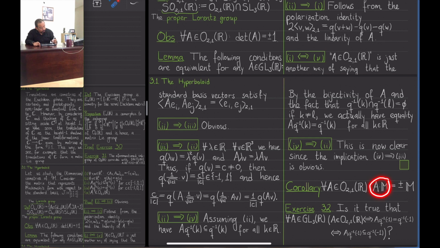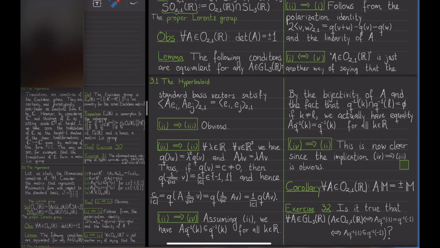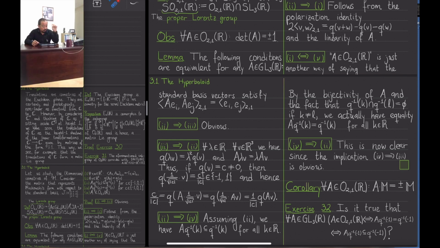So A of M has to be plus or minus 1 by continuity of multiplying by A, because Q inverse of -1 has two connected components, namely the upper sheet and the lower sheet. The upper sheet is our M, so the fact that multiplying by A is a self-homeomorphism of R3 means that A, being in O(1), either preserves M bijectively or exchanges the two sheets. And the other sheet is minus M, precisely.